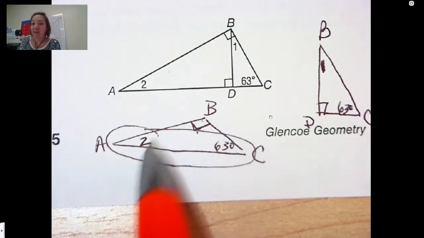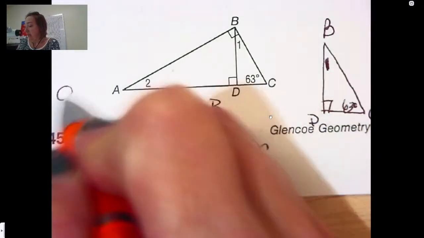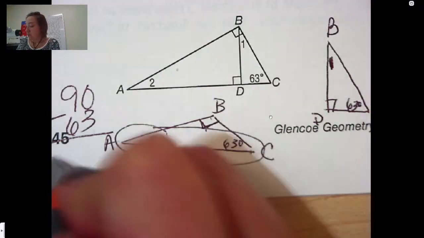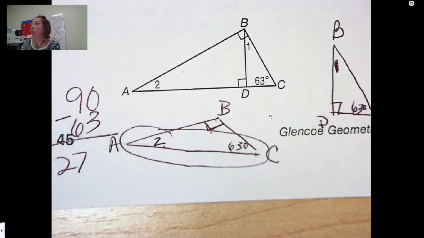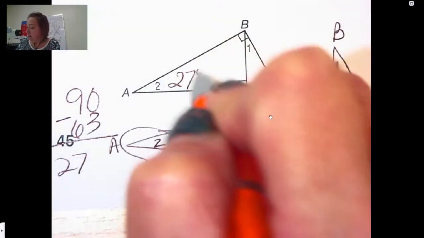Because if that one's 90, these two together have to be 90. So the easiest way to do this is 90 minus 63, 27. Now, could we do 180 minus 90 minus 63? Yeah, we could do that. So we got that angle 2 is 27.